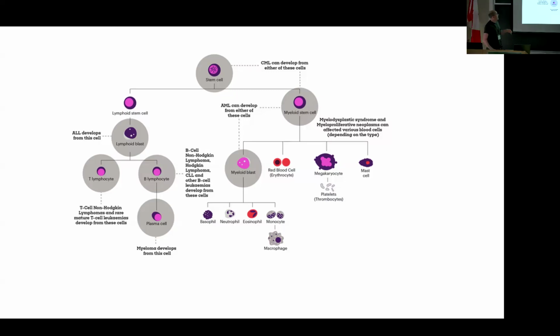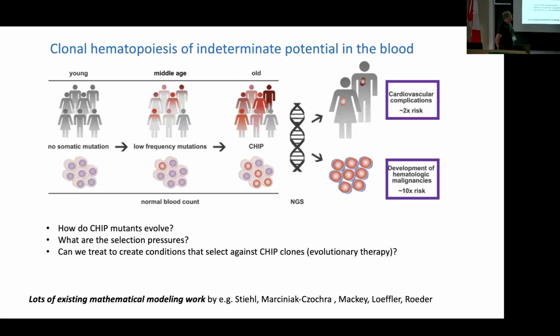To understand this whole thing better, it's important to understand how mutants, aberrant cells, emerge and evolve in a hematopoietic system that is in a healthy state, because that's the first step in carcinogenesis. A very interesting phenomenon in this respect is something called clonal hematopoiesis of indeterminate potential, also CHIP, in the blood.